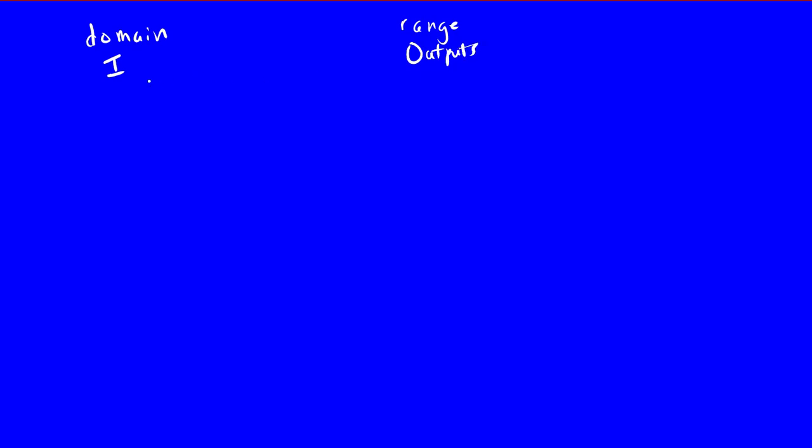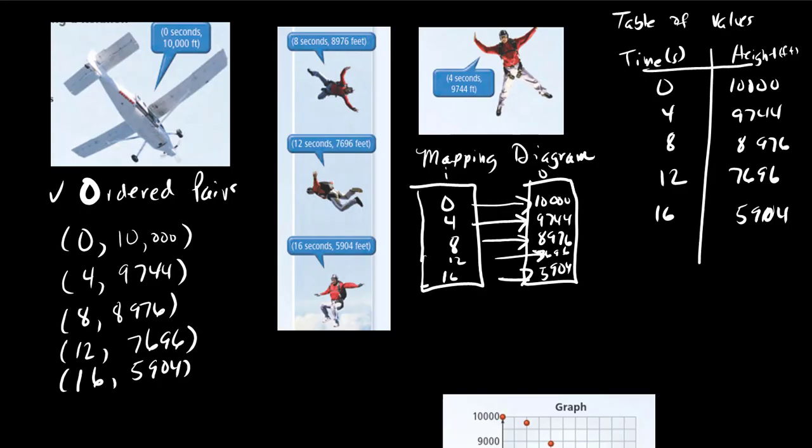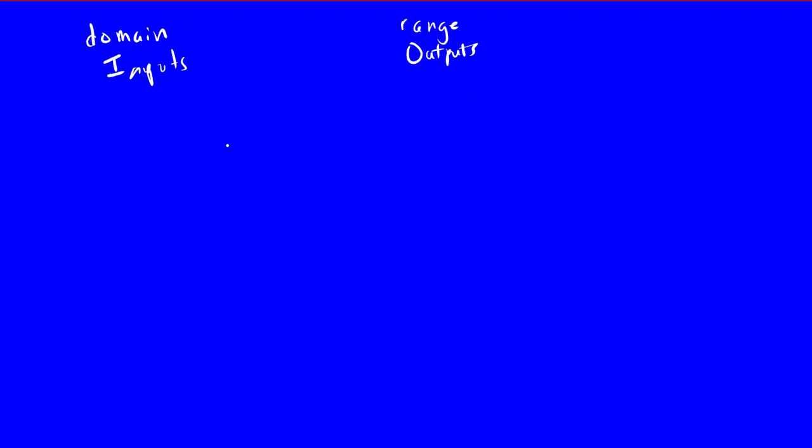And they have values, right? So they have a value like we had a while ago. So the domain, for example, of this set of ordered pairs is 0, 4, 8, 12, 16. And the set of the outputs is 10,000, 9,744, 8,976, etc. So domain are going to be all our input values, and then our range are going to be our output values.